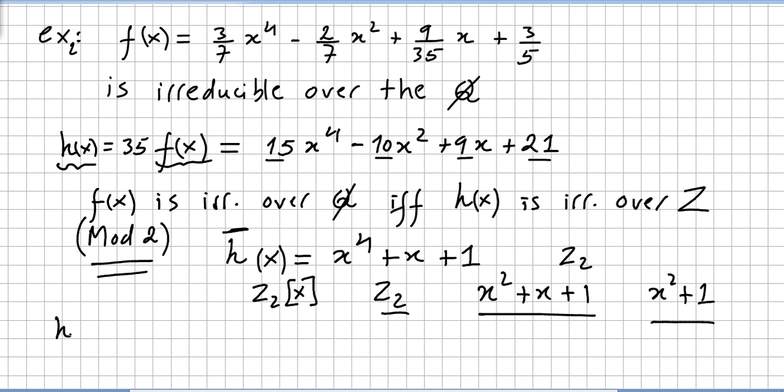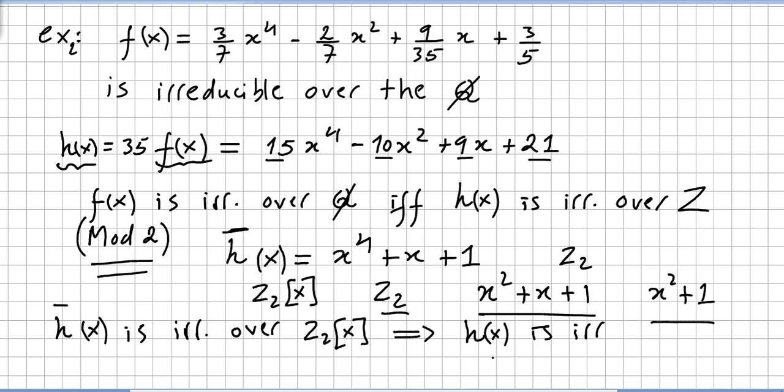So we can say that h bar of x is irreducible over the ring of polynomials over Z2. So this guarantees that h of x is irreducible over the rationals.